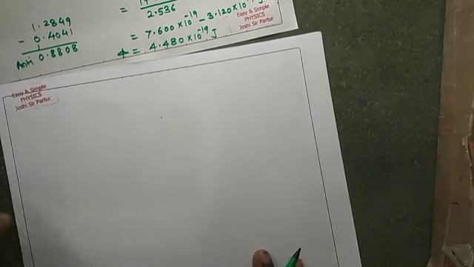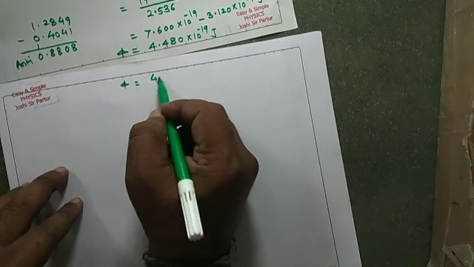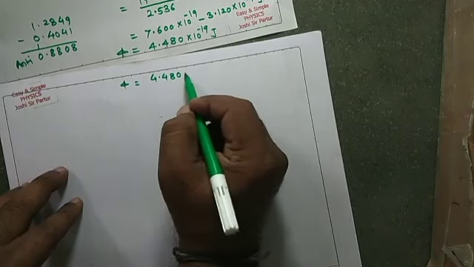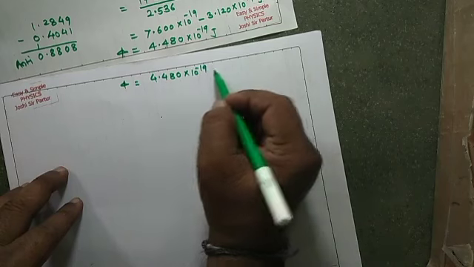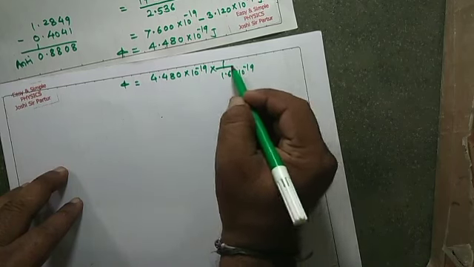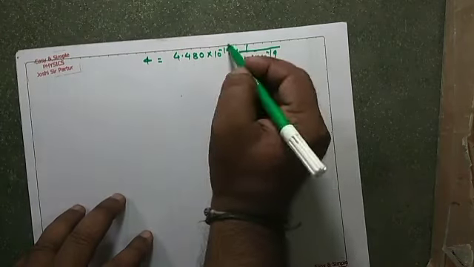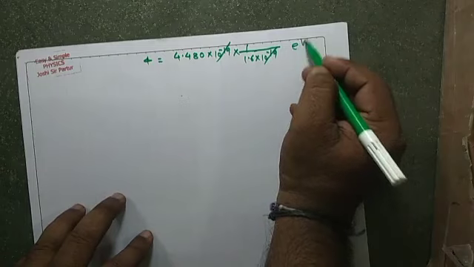But if we can find out work function in electron volt, so here phi is equal to 4.480 into 10 raised to minus 19 multiplied by 1 upon 1.6 into 10 raised to minus 19. What happened? So that 10 raised to minus 19 get cancelled, it is in electron volt.